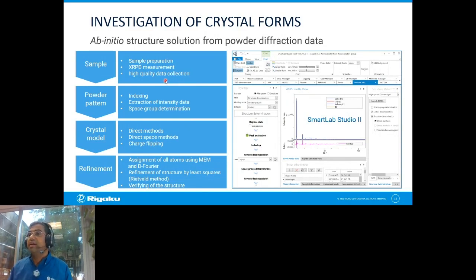high intensity XRD data. From the powder diffraction pattern, what we do is indexing, which is identifying the unit cell. We extract the intensities from this and assign a space group. Then, using one of these methods or a combination of them, the direct space method or charge flipping methods, essentially all of them are energy minimization techniques to find the best structure which fits under these conditions.